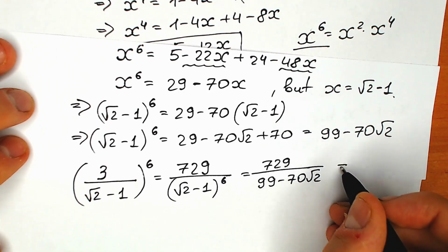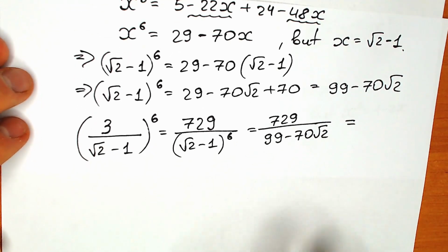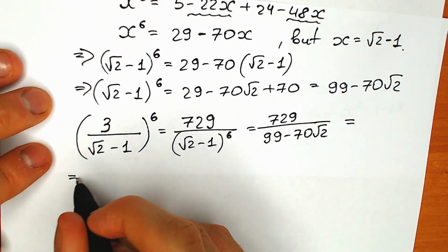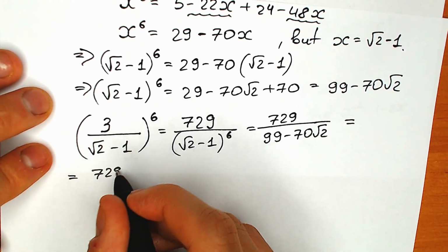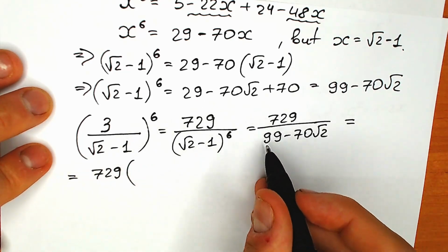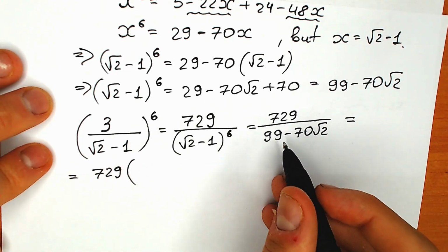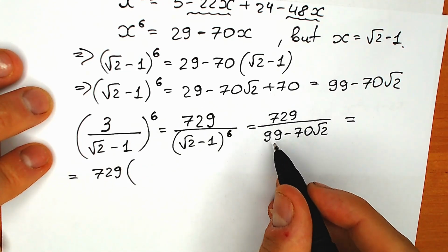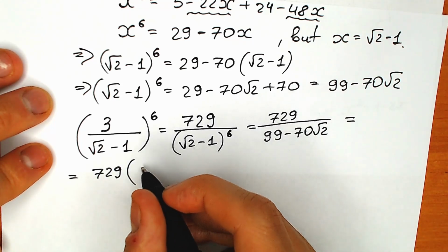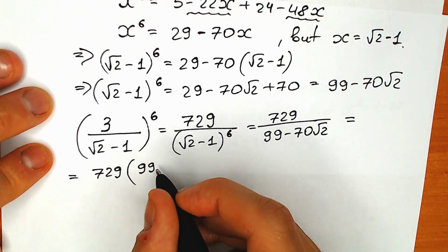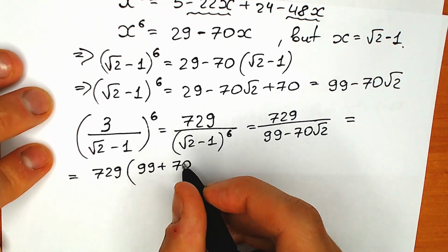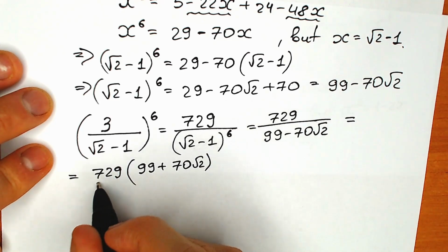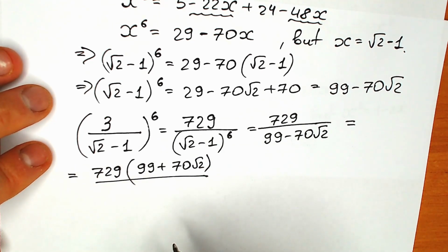So what I mean by conjugate expression: let's multiply our numerator 729 and our denominator 99 − 70√2 by the conjugate of the denominator, so 99 + 70√2, and of course let's multiply our denominator by this conjugate expression.